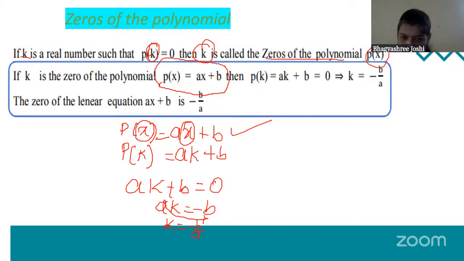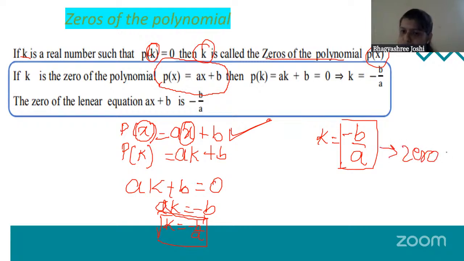Right? k is equal to minus b divided by a. This minus b divided by a is the zero of this linear polynomial. It is the standard form of linear polynomial. Therefore, k is equal to minus b divided by a. This minus b divided by a is the zero of the linear polynomial ax plus b.